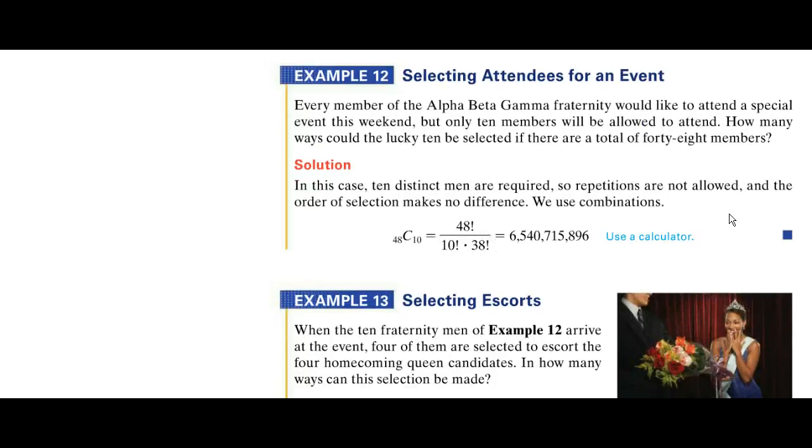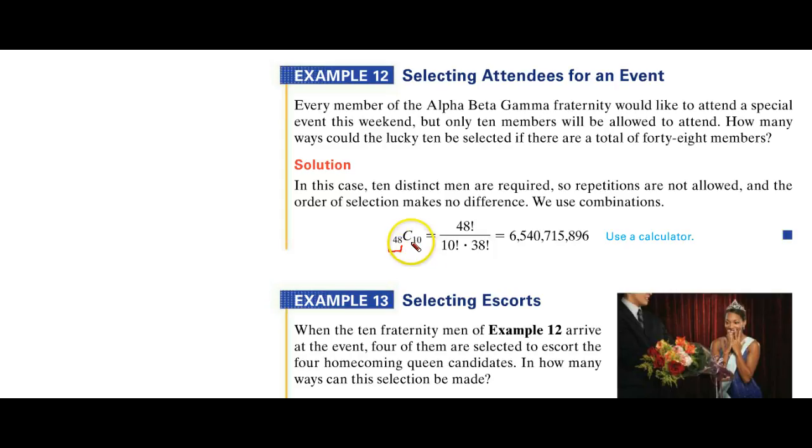Again, time is spent to read the problem, determining what you're going to use. We have counting principles, permutations, combinations. We'll pause. As you read it, you hopefully can think this one's easy. Is order important? No. So we're going to use combination. There are 48 members.